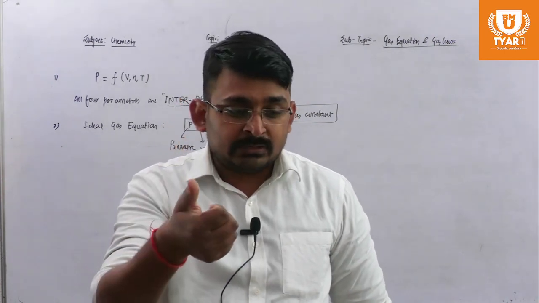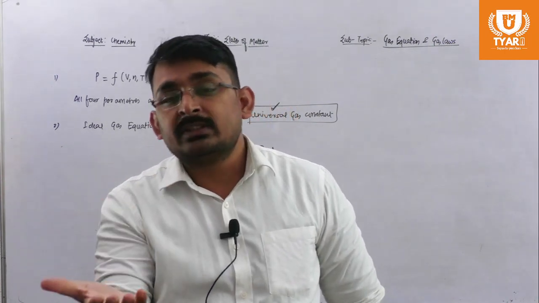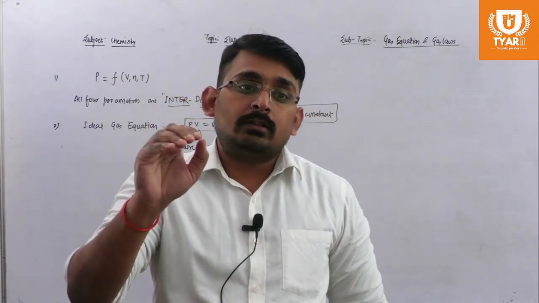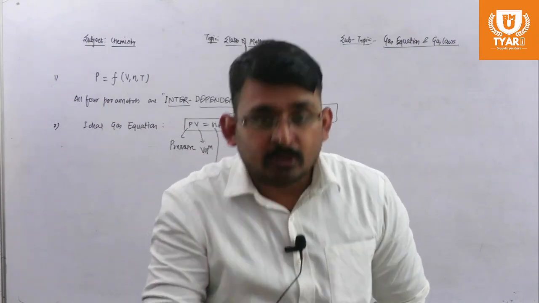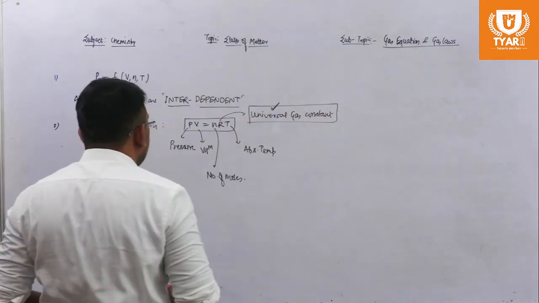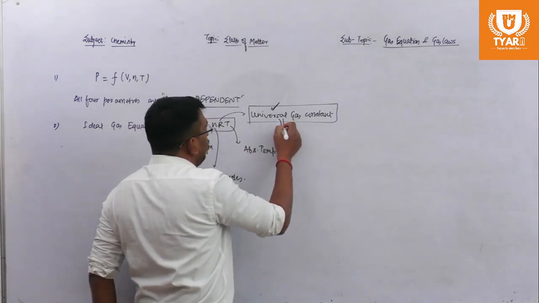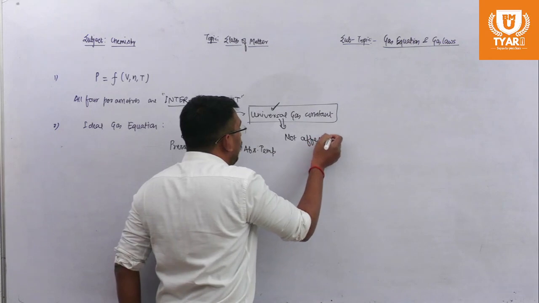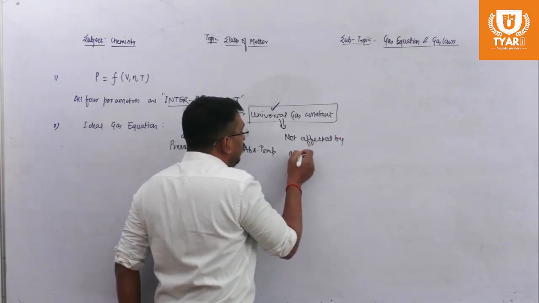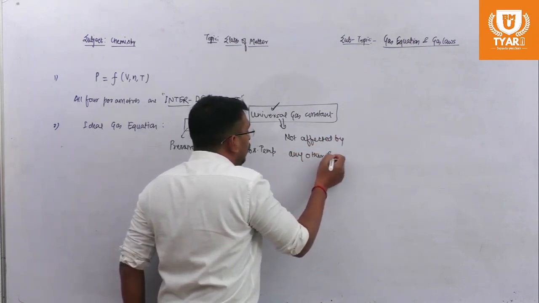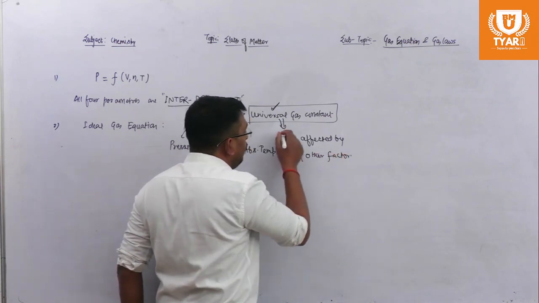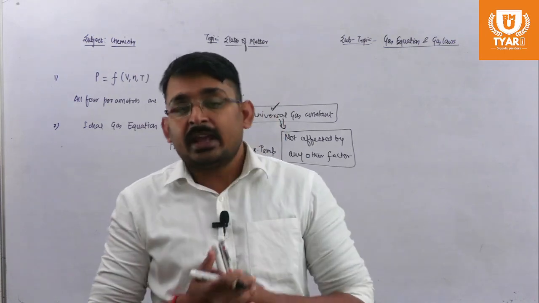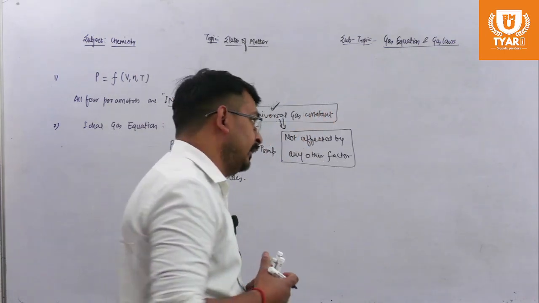You must have heard of other universal constants, like the universal gravitation constant, capital G. They are called universal constants, meaning not affected by any other factor. And since we are dealing with gas, it is the universal gas constant, as simple as that.